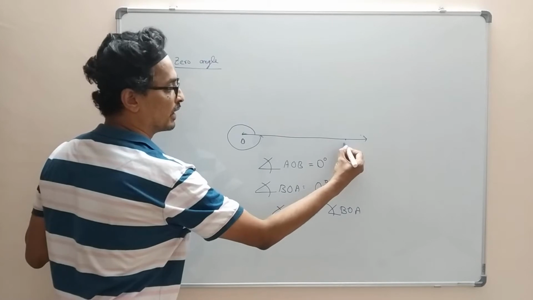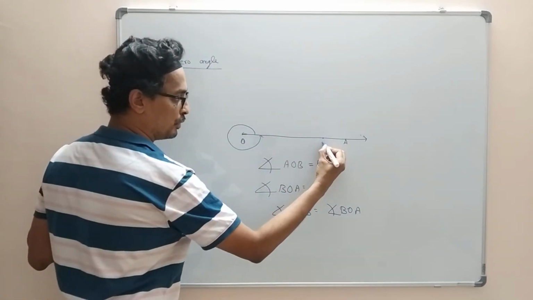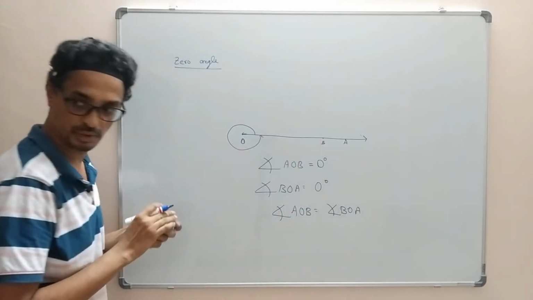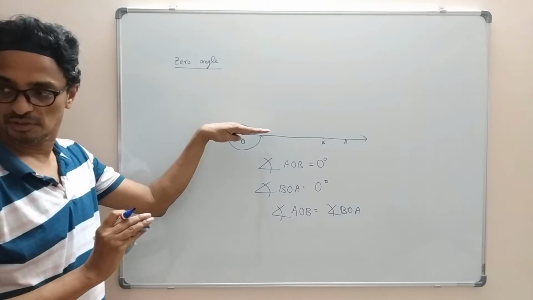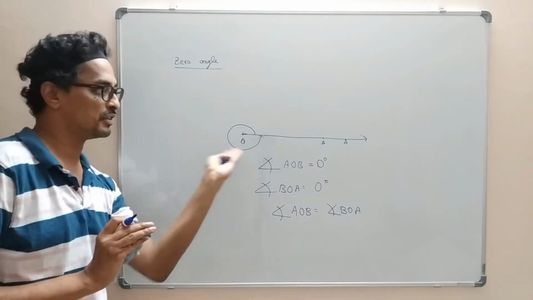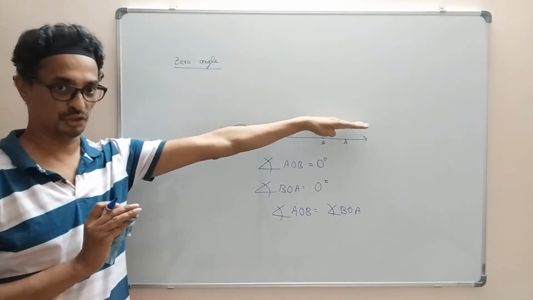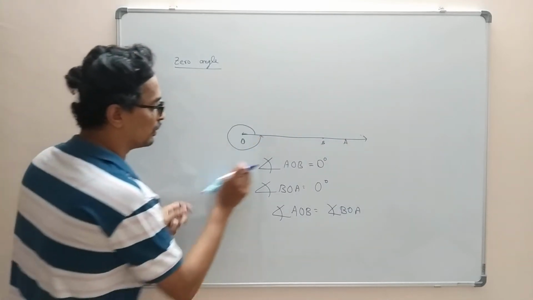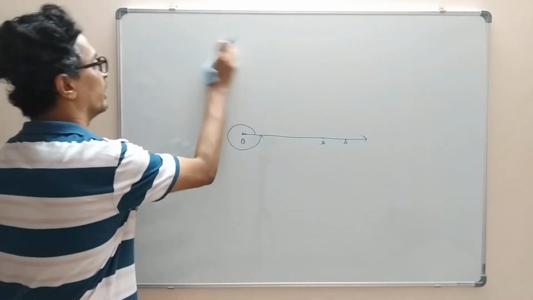This was my initial ray A. When I rotate by 360 degree, the new position is B. So here the sign is the same, because the initial angle is 0, and then I take a positive rotation of 360 degree. But the initial position and the final position direction is going to be the same. So this angle you call a what angle? One rotation angle.